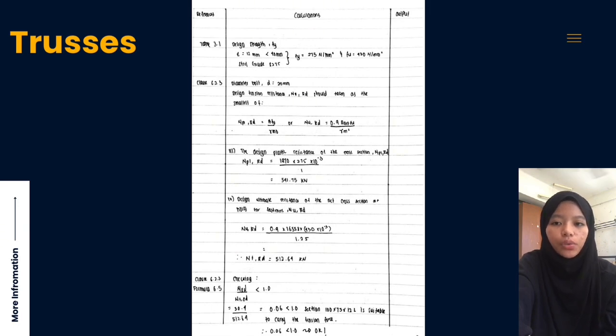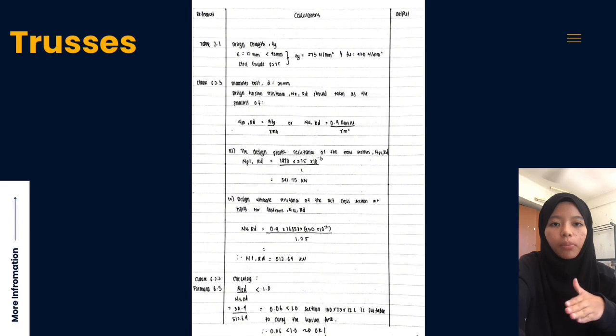Then the next step is design ultimate resistance of the net cross section at holes for fasteners, NURD equals 0.9 multiplied by 1655.8 multiplied by 430 multiplied by 10 to the negative 3 over 1.25, we will get NTRD 512.64 kN. Then from clause 6.2.3, checking formula 6.5, NED over NTRD must be smaller than 1.0.